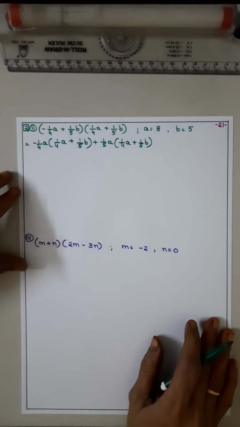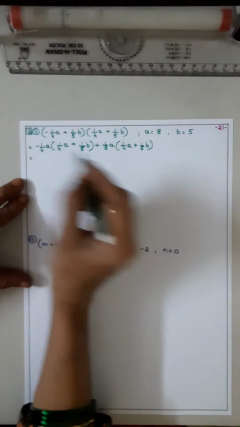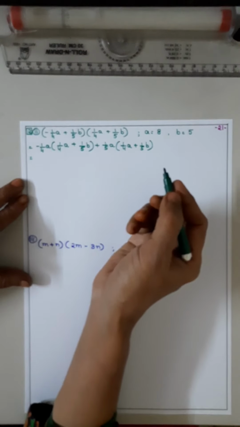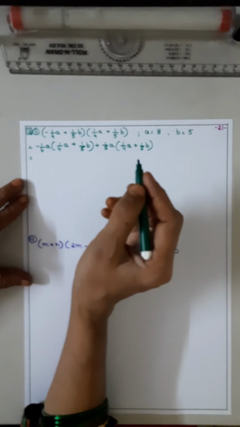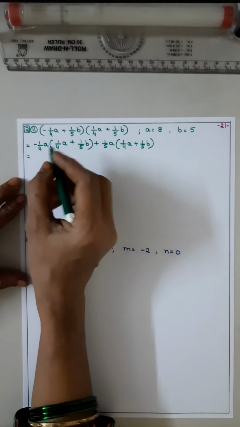Okay. Now when you multiply, there is no cancellation. Minus times minus, 1 1s are 1, 4 4s are 16, a squared. Now minus plus minus, 1 1s are 1, 4 5s are 20 and it is ab.